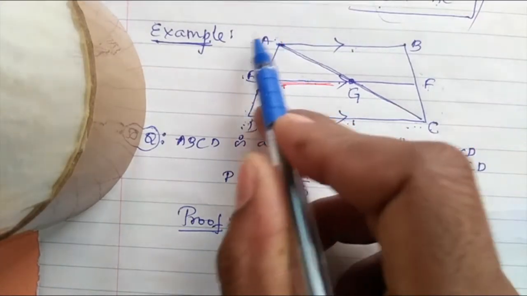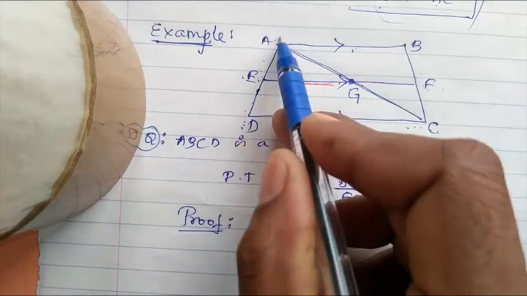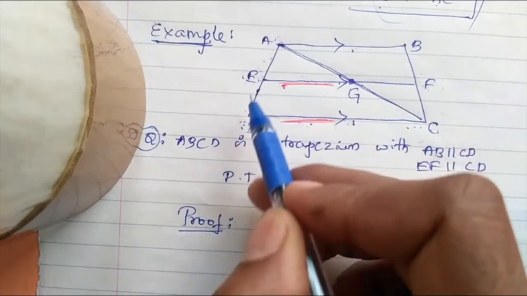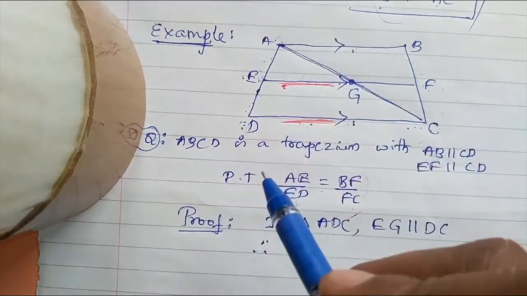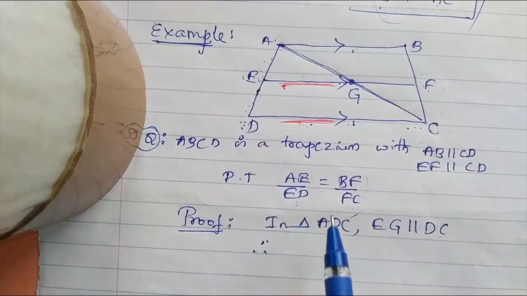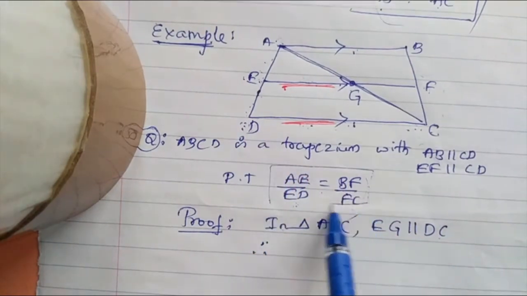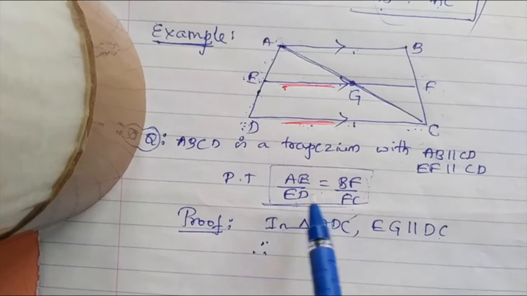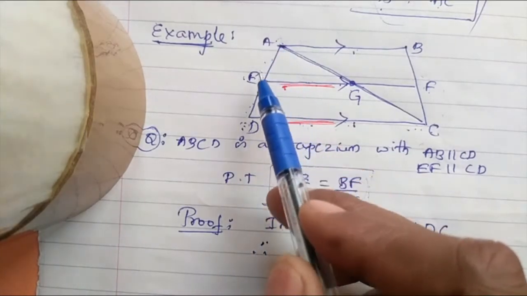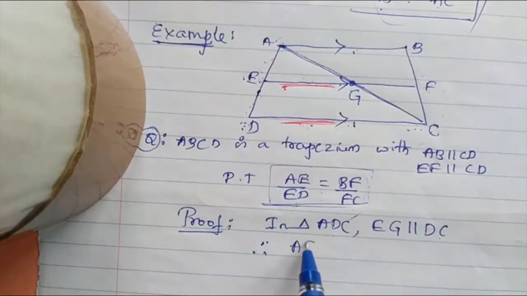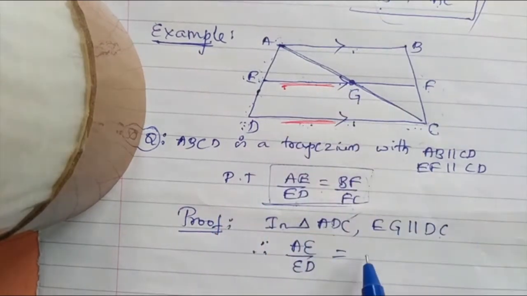You can write AE by AD, or ED by AD, or AE by ED. There are three ways of writing BPT. Check the question, and whichever way they have given, we follow that method. AE by ED, so we write off by off. AE by ED is equal to AG by GC. Mark this as equation 1.